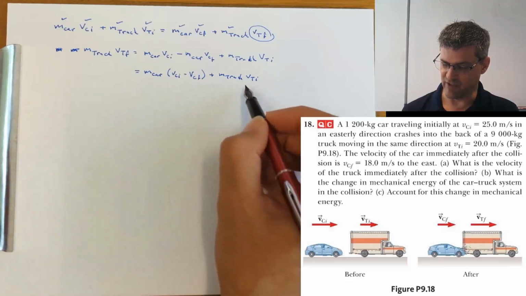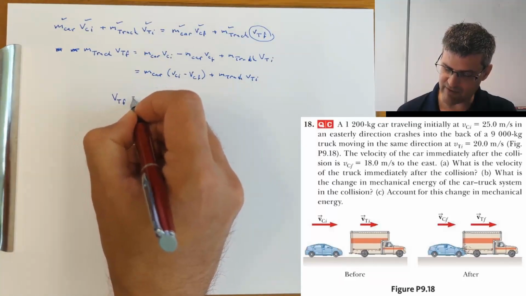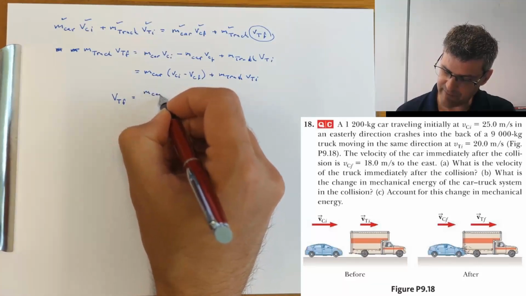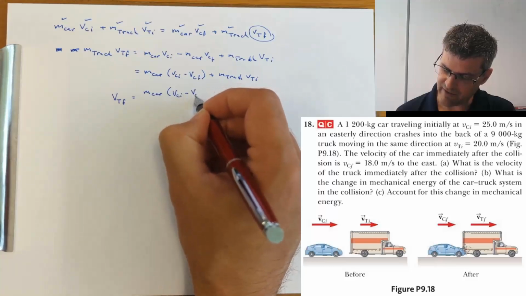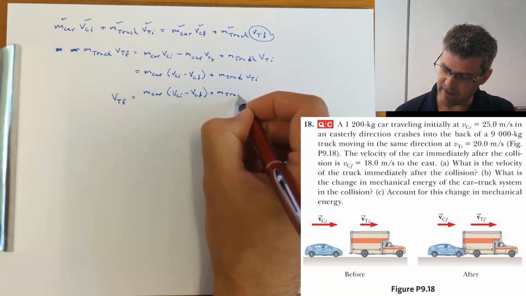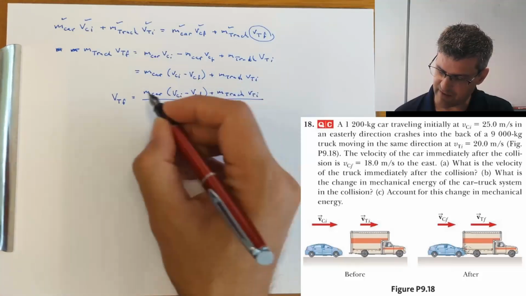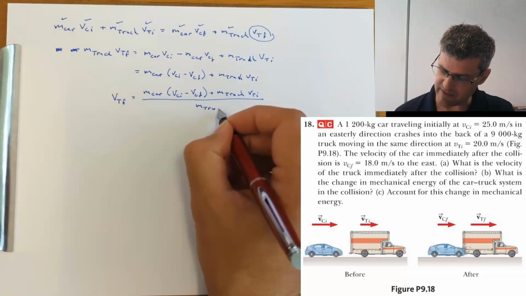But essentially, what we're finding is that v of the truck final is m of the car, times v of the car initial minus v of the car final, over m of the truck, divided by the mass of the truck.